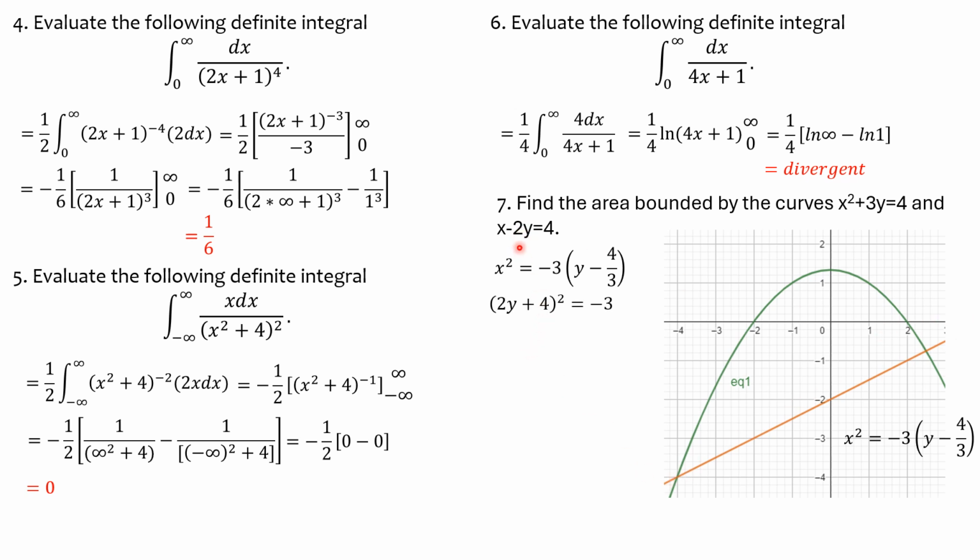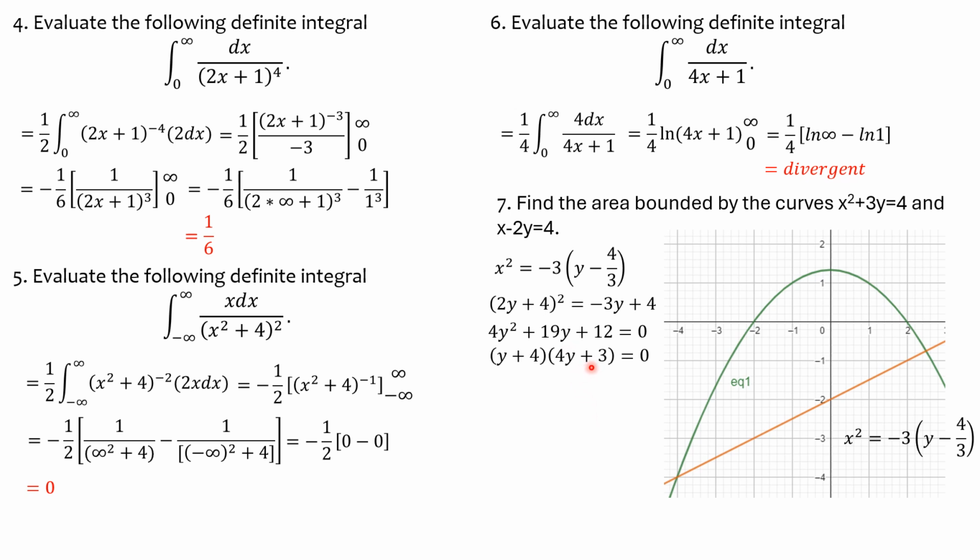So (2y plus 4) squared equals negative 3y plus 4. This is 4y squared plus 16y plus 16 equals negative 3y plus 4. Therefore, simplified, 4y squared, the middle term is 16y plus 3y, which is 19y, and 16 minus 4 is 12, equals 0, which can be factored into (y plus 4) and (4y plus 3).